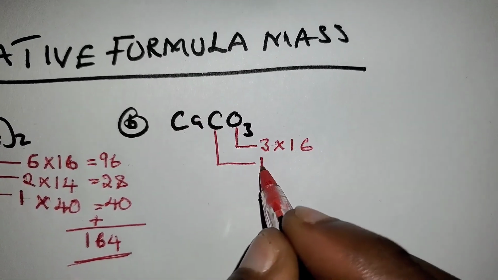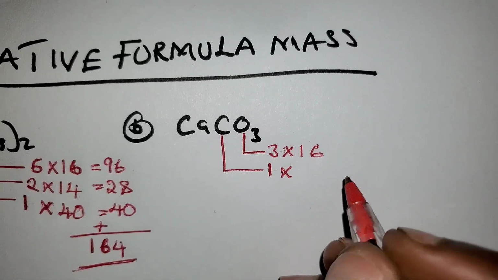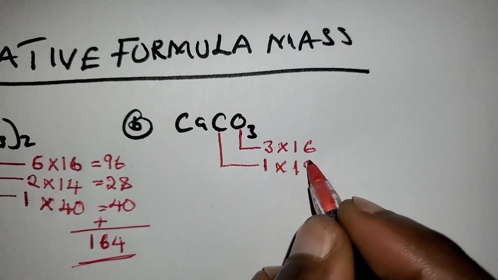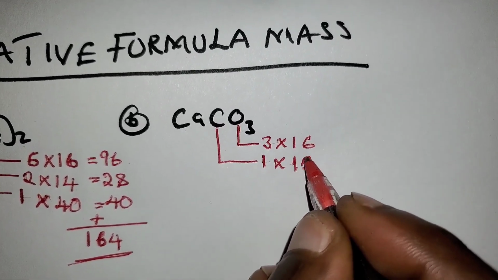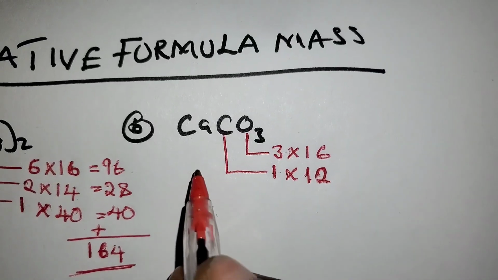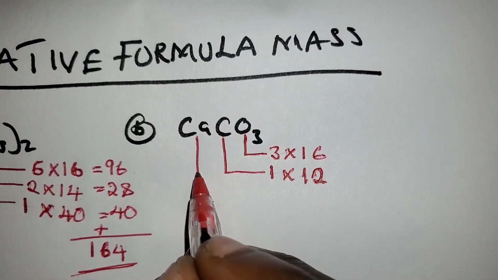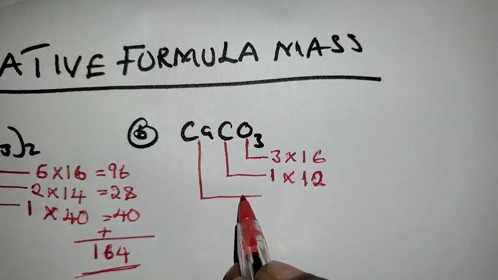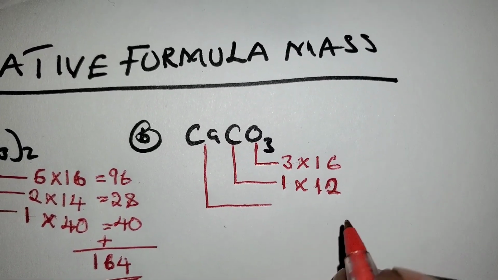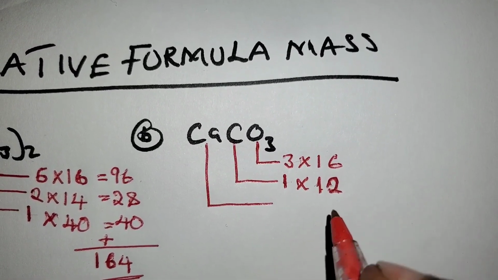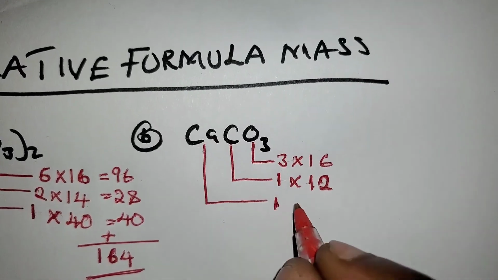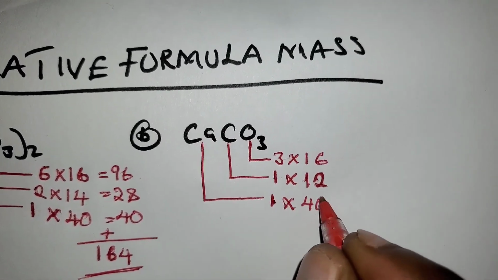For carbon, you have 1 atom of carbon multiplied by the mass number of carbon on the periodic table, which is 12. Then we come to calcium, there is 1, so 1 by 40.